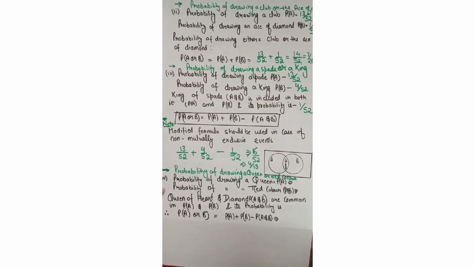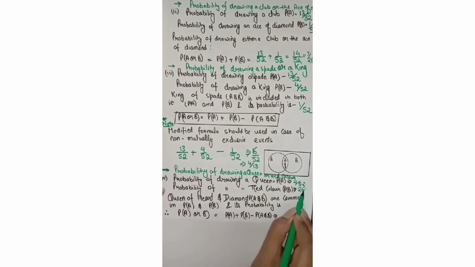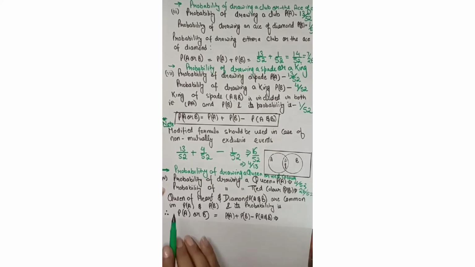The last question says probability of drawing a queen or a red color. Again, probability of drawing a queen will be, how many queens do we have? 4, so 4 by 52. Probability of getting a red color card is, red color cards we have 26 by 52. But there is one such condition where the queen of heart and queen of diamond are common in the probability of drawing a queen as well as in red color.